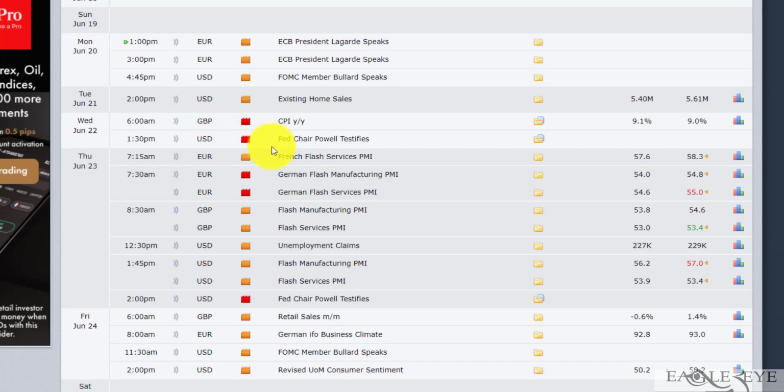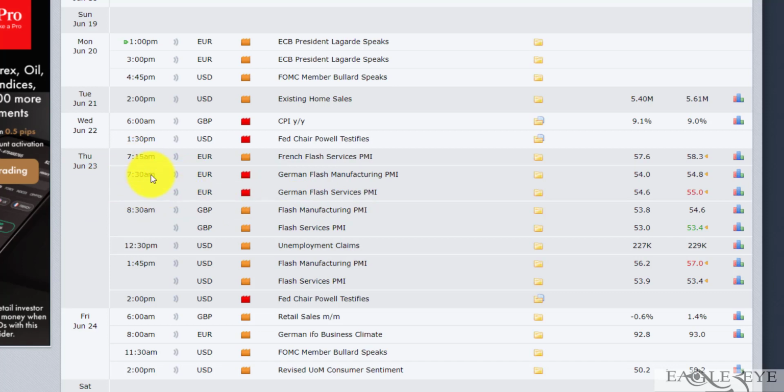On the dollar, we have Powell to testify on Wednesday at 1:30 GMT, 1:30 in the afternoon. On Thursday at 7:30 in the morning, we have German flash manufacturing PMI to be released.